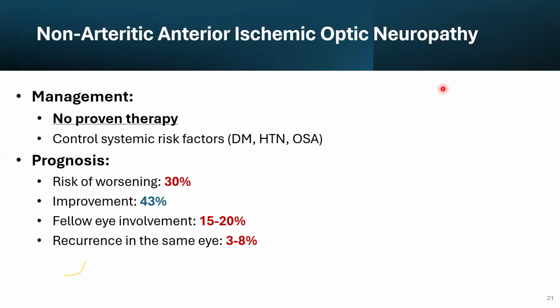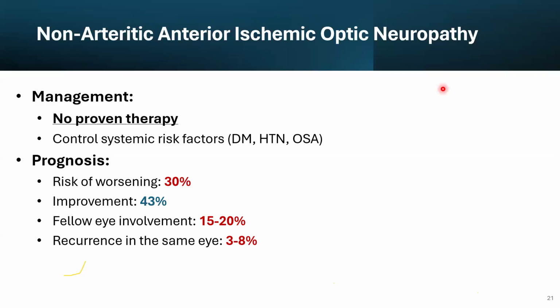And it's rare to have recurrence in the same eye because we think that the cause is the small crowded disc, the small anomalous disc. When the nerve fibers are really crowded in that area, we think that this could be the possible cause.